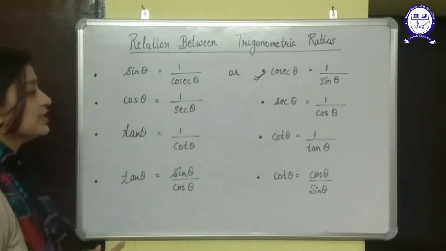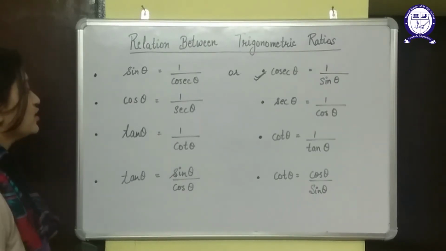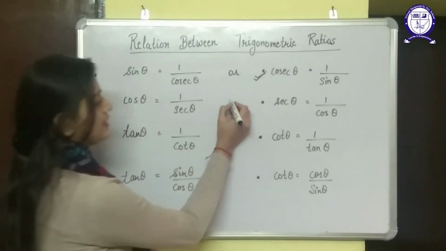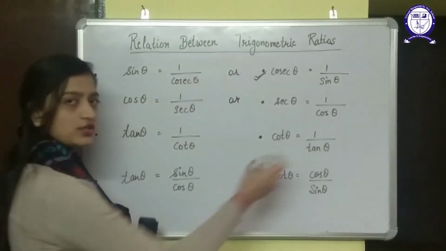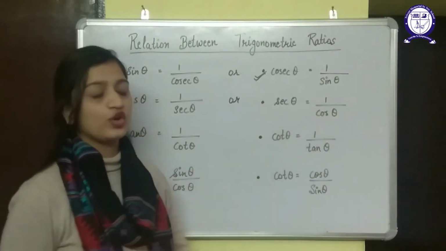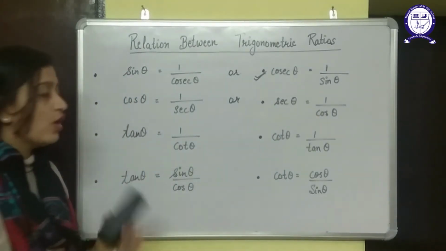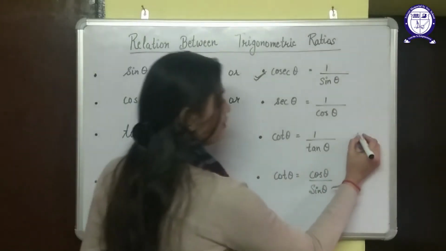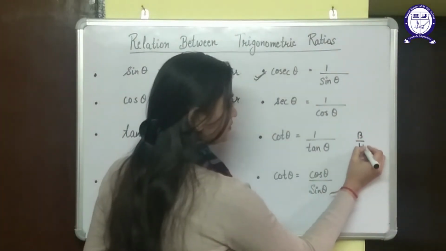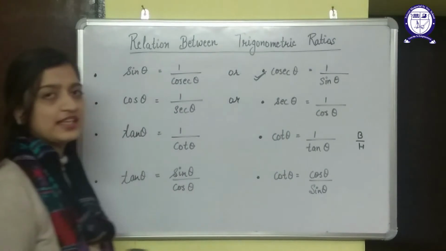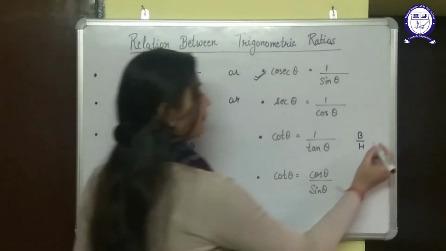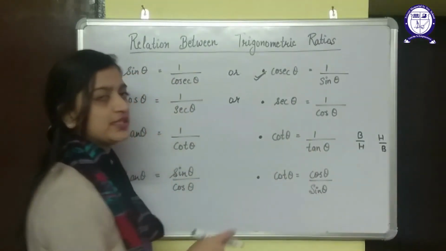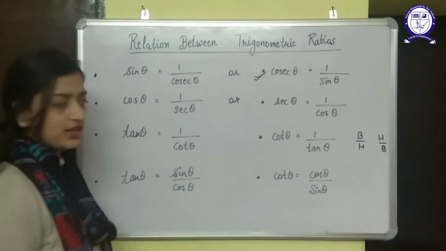Now coming to the second relation, this is between cos and sec. Secant theta is the reciprocal of cos theta. How? Again by the formulas. Cos theta is B upon H and secant theta is H upon B. So you can see that one ratio is the reciprocal of the other.